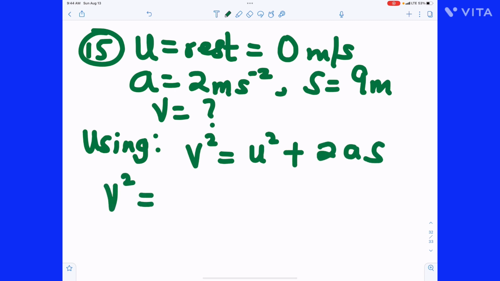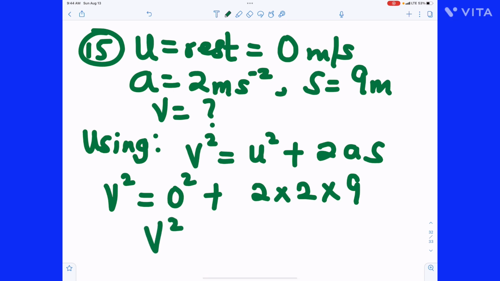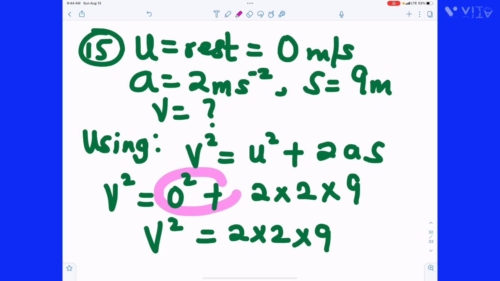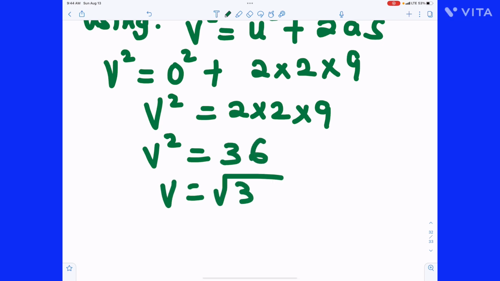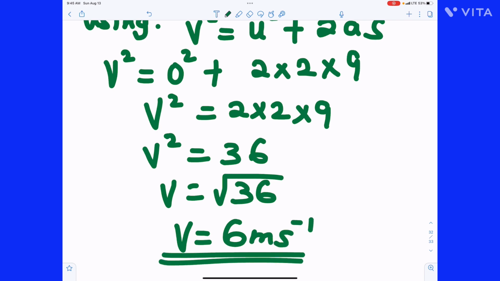V squared will be 0 squared plus 2 times 2 times 9. 0 squared gives 0. So V squared is 36. V is the square root of 36. The final velocity after moving 9 meters will be 6 meters per second.